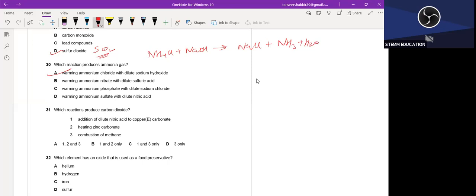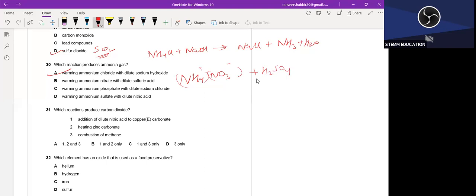Okay, warming ammonium nitrate with dilute sulfuric acid. We can do this with ammonium nitrate and dilute sulfuric acid. So what will happen here? It is plus, it is minus.